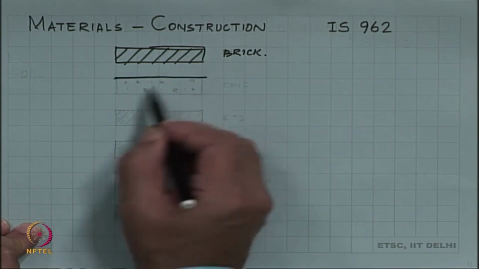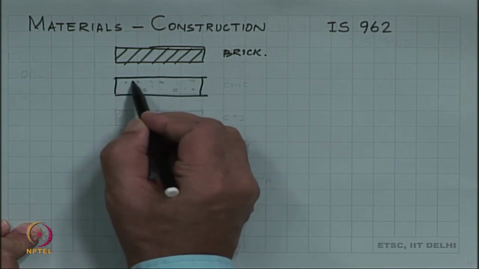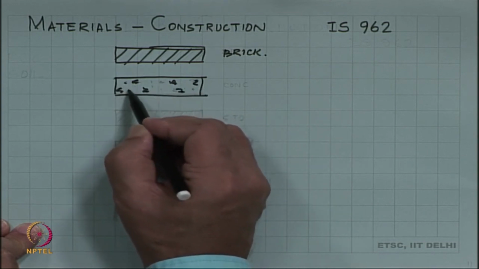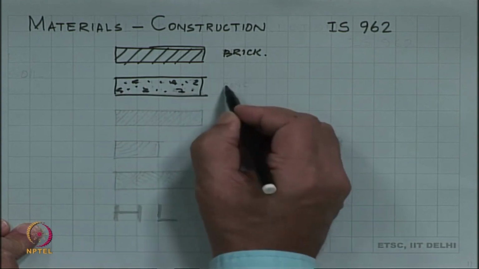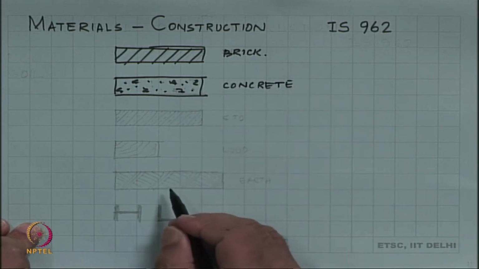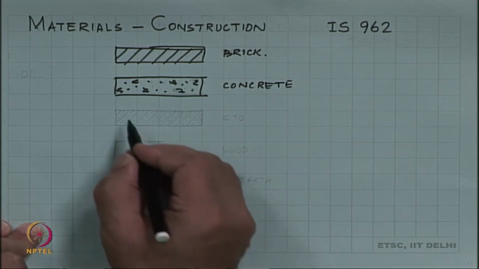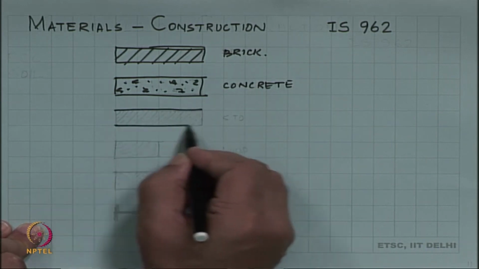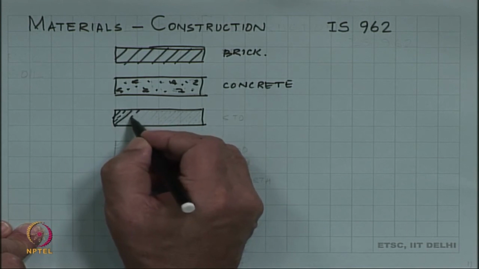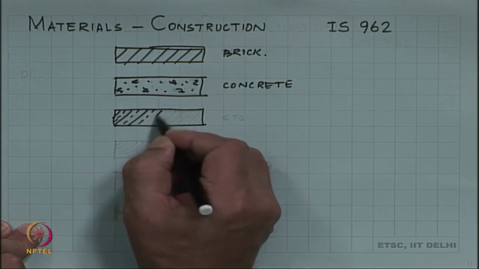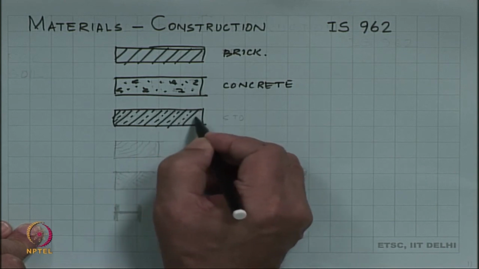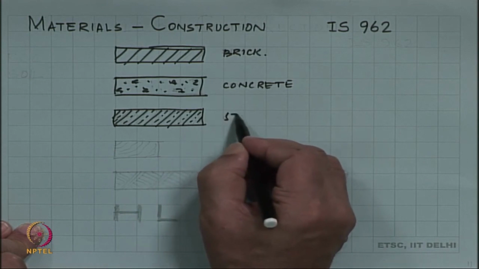Then, if you have this symbol, some large symbols like this and small dots in between, this is concrete. The third is the depiction of something we see very common these days in many constructions, a solid line, a dashed line, this is various types of stone.